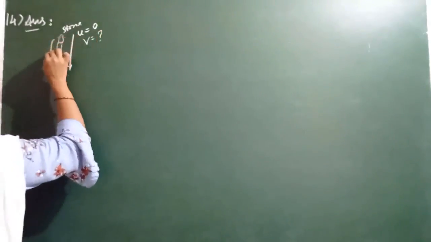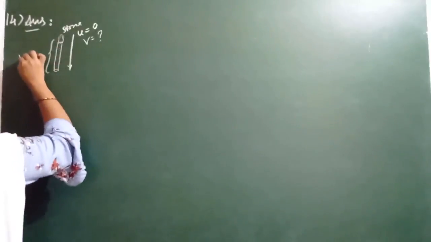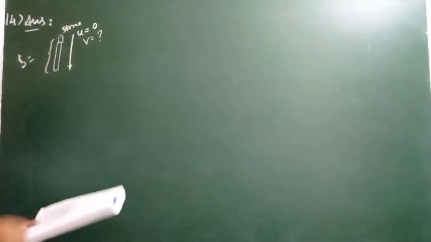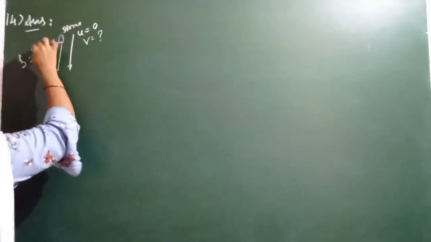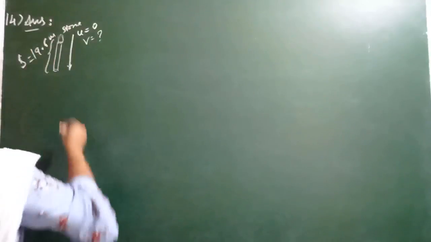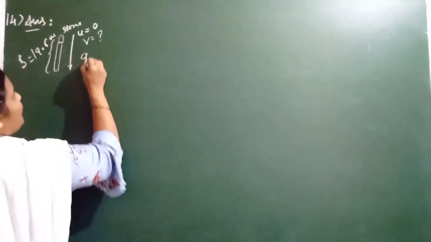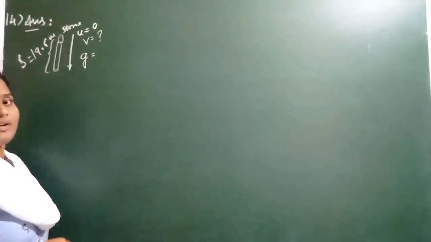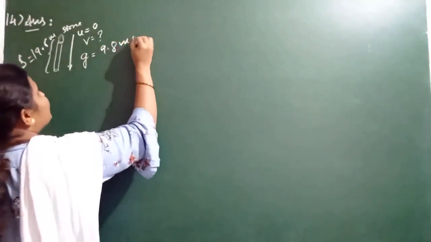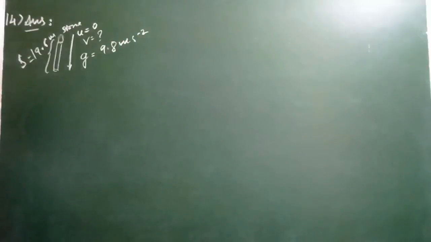If this height h or s equals 19.6 meter, yes, 19.6 meter. Since it is towards the earth, the gravitational acceleration will have a positive sign, 9.8 meter per second square, you have to take.